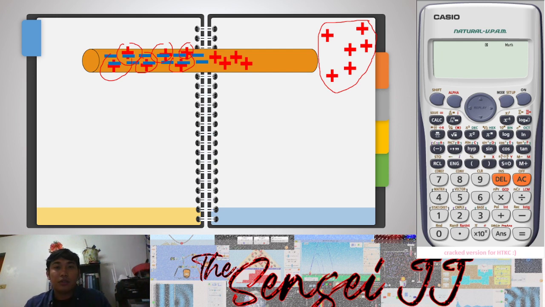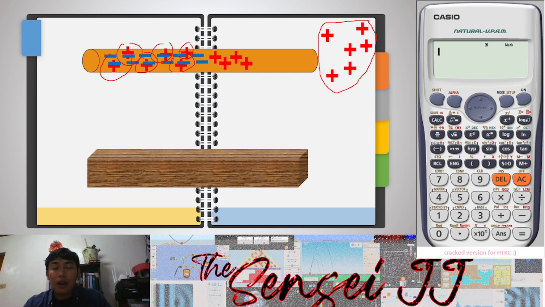Okay? So this is our representation of a conductor. When a positive charge lands on our conductor, other positive charges within our conductor tend to move out. Okay? So, sir, how about our insulator? As you can see, we have wood in here, and this wood contains protons.